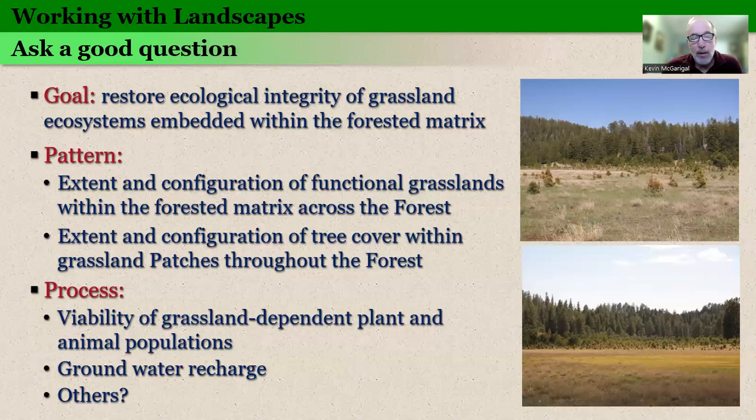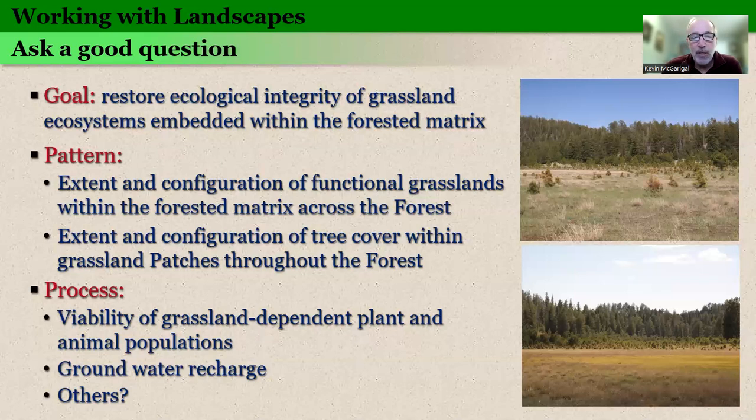We would need to elaborate on what we mean by a functional grassland. We would need to formally define what constitutes the forested matrix, and of course, what qualifies as the extent of the forest. But all of these things could be specified subsequently in a SMART objective.